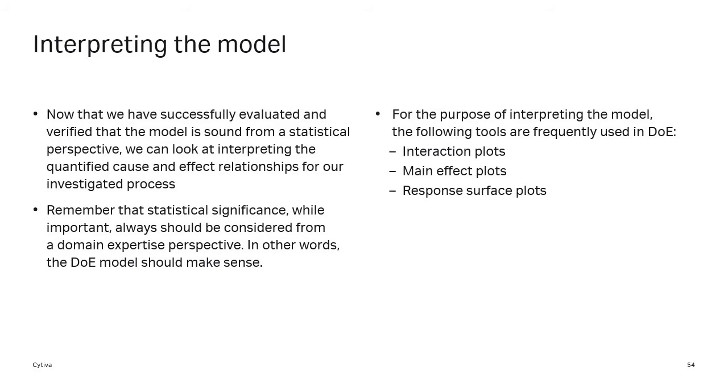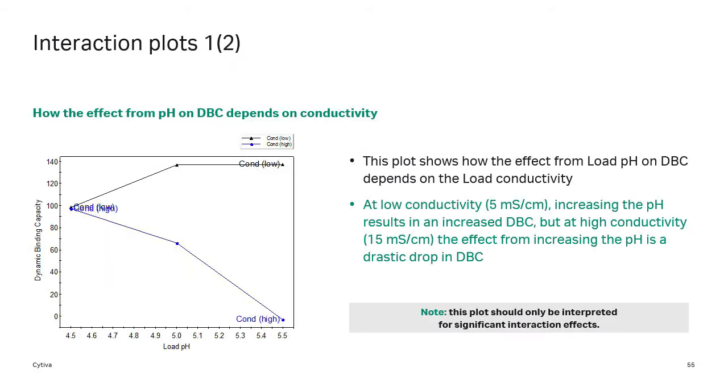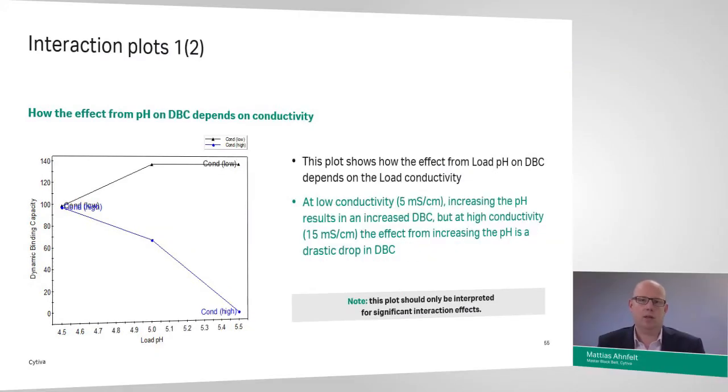So for the Capto S dynamic binding capacity DoE, we had, as you recall, a strong interaction effect between the pH and the salt during the load. So this is the interaction graph for how the effect from pH on the binding capacity depends on the setting for the conductivity.